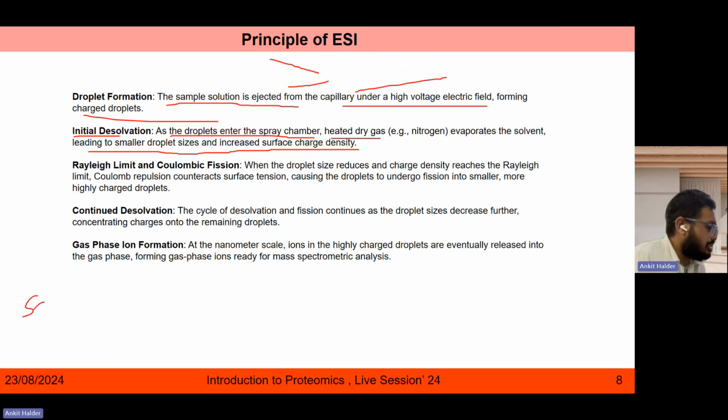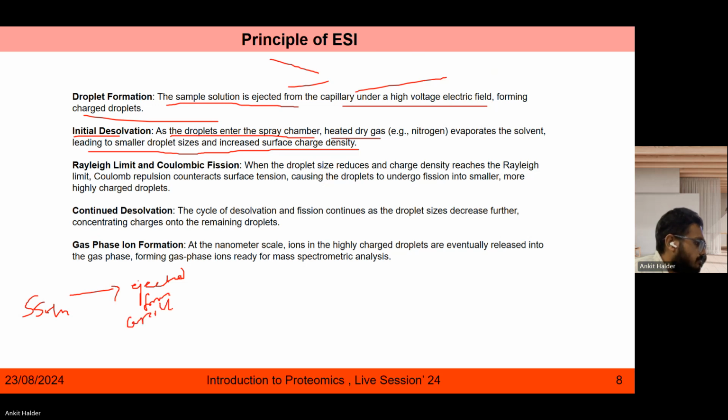So you have the sample solution, which I am denoting as S solution. It is ejected from the capillary under a high voltage electric field.